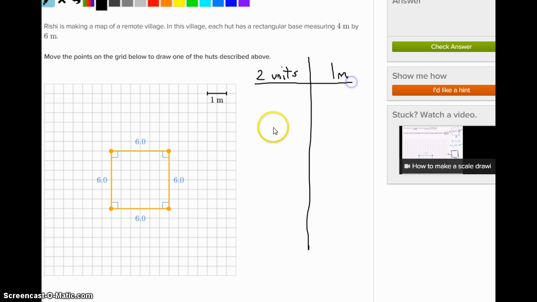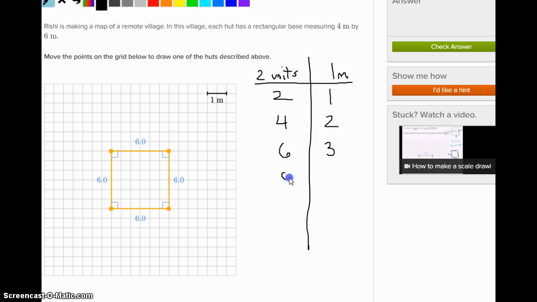Now I'll make a table because it helps me understand. So if I've got 2 units, then I've got 1 meter. If I've got 4 units, that means I've got 2 meters. If I've got 6 units, that means I've got 3 meters. So 6 units here is 3 meters in real life.